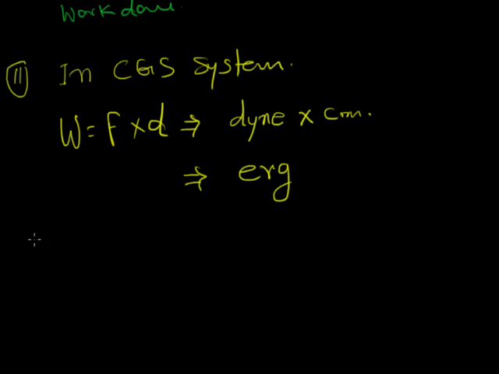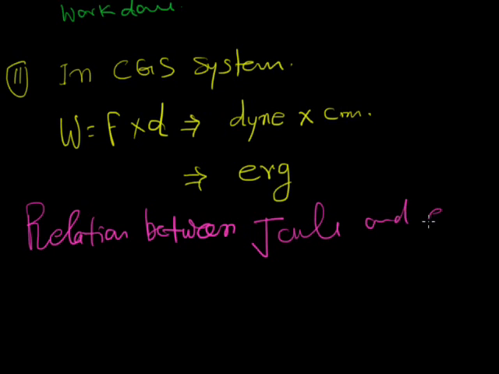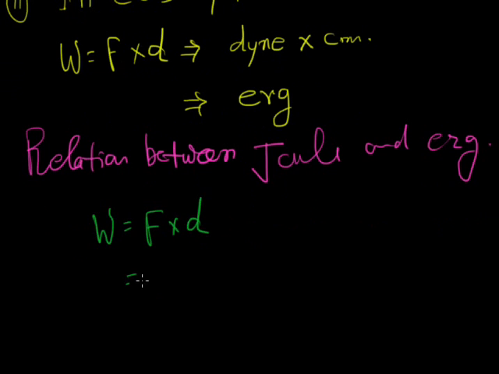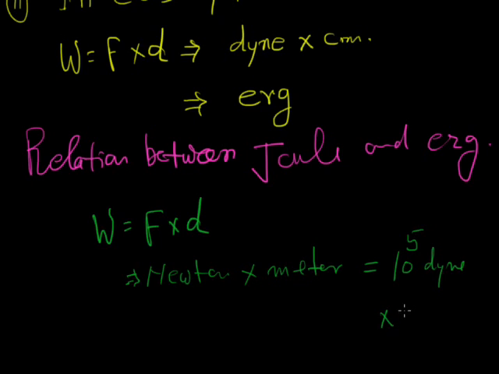The relation between joule and erg. We know that W is equal to F into D. In joule it is Newton into meter. In the CGS system, 1 Newton is 10 raised to the power 5 dyne into 10 raised to the power 2 centimeter.